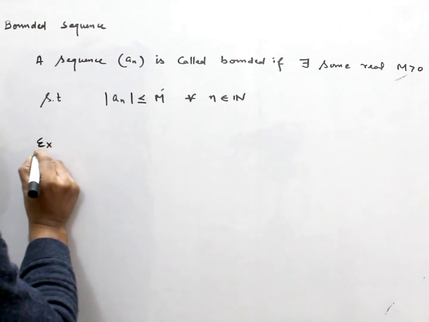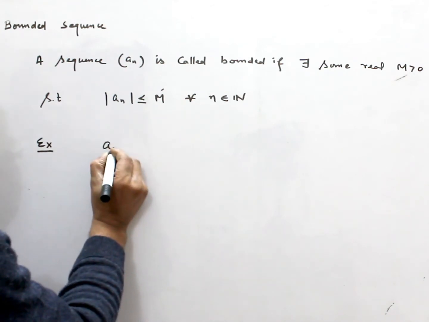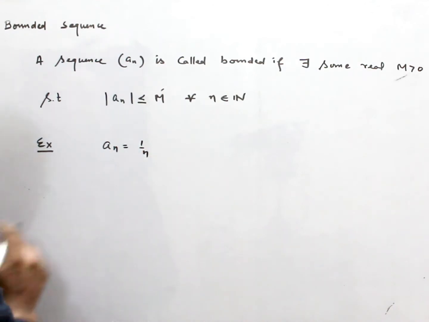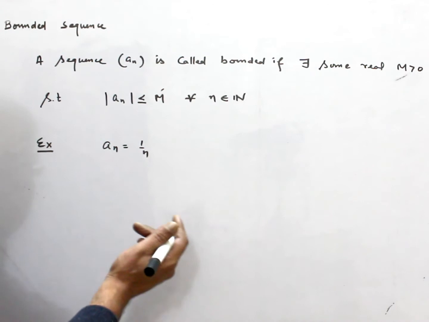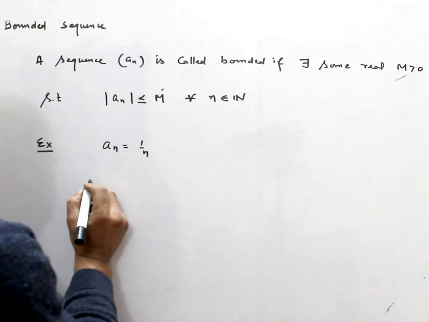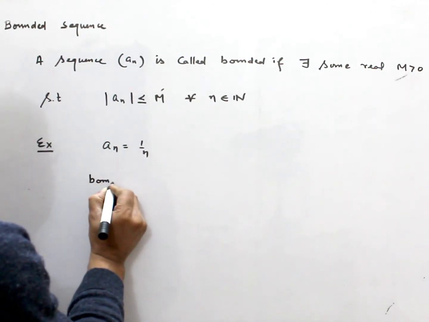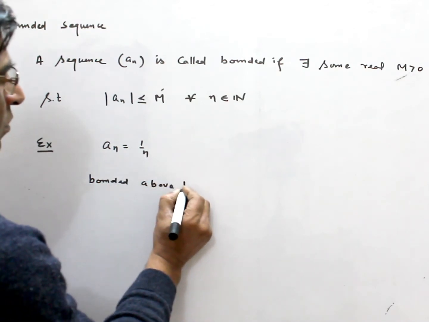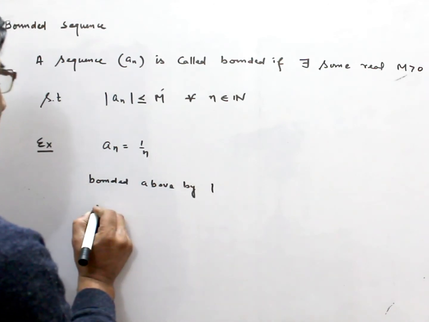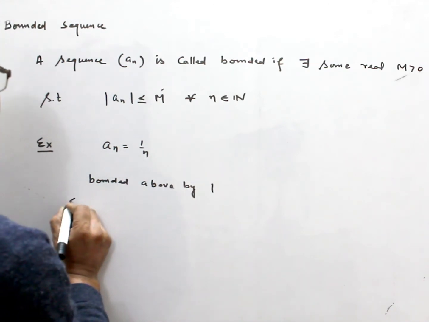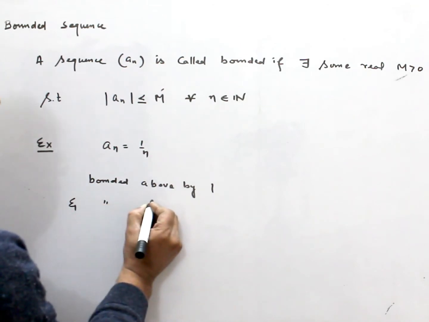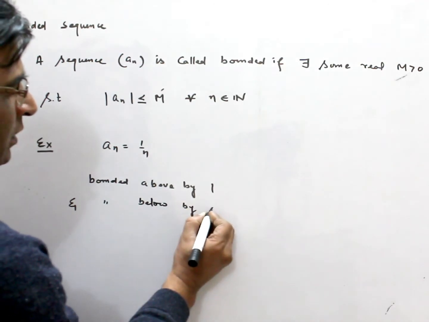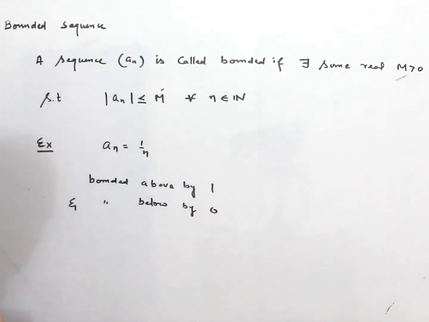Example: if I take a_n equal to 1 by n, then this sequence is bounded above by 1 and bounded below by 0.